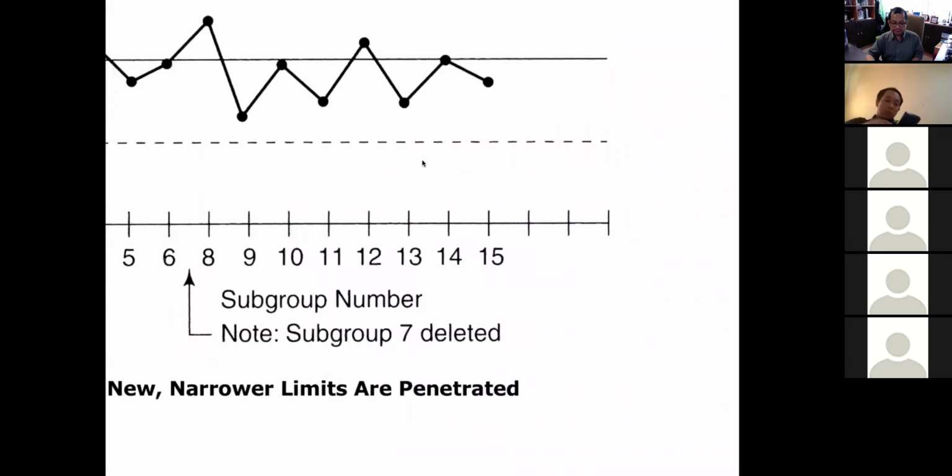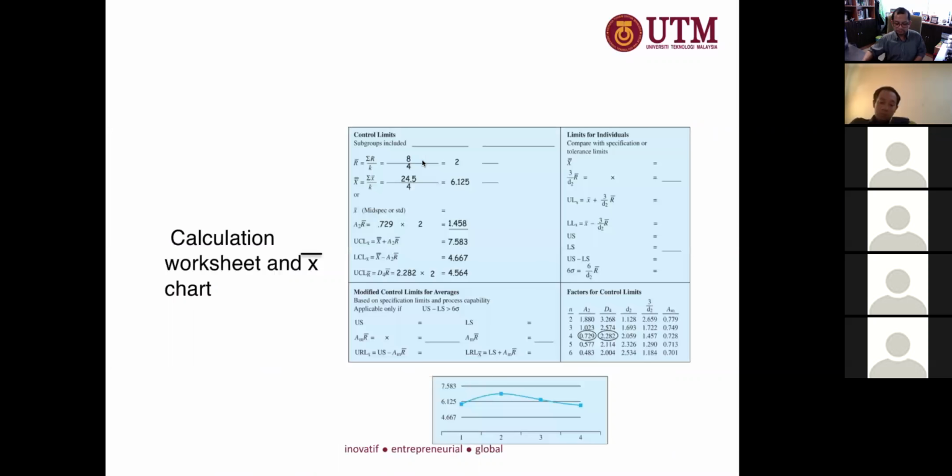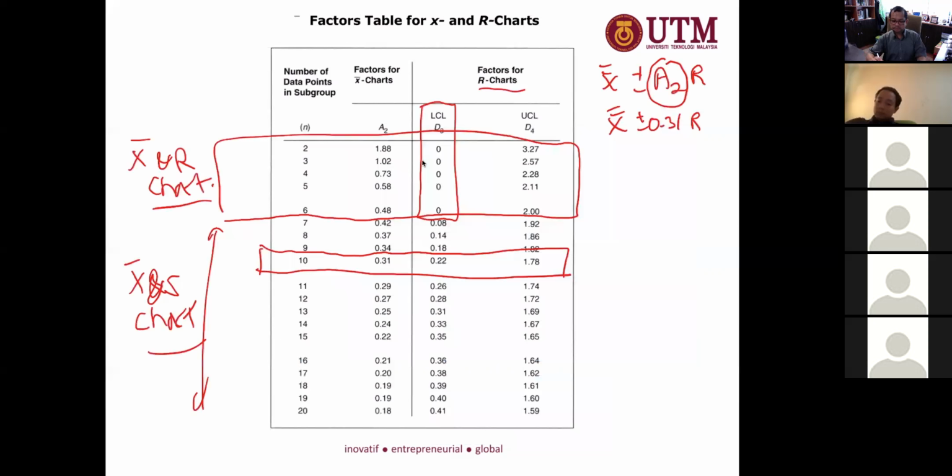We use the same formula, just multiply by R bar. D3 multiplied by R bar is the lower control limit for R. D4 multiplied by R bar is the upper control limit for R. We just multiply like that.